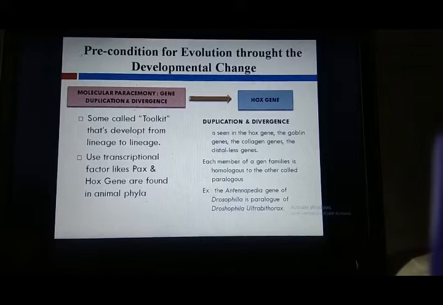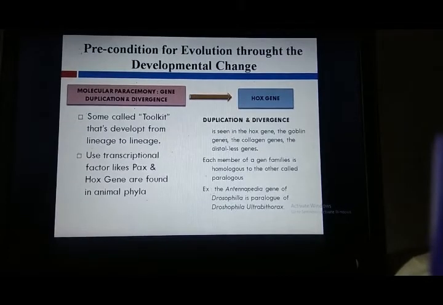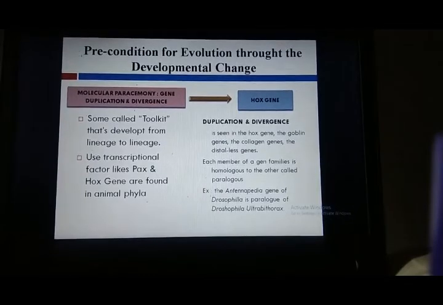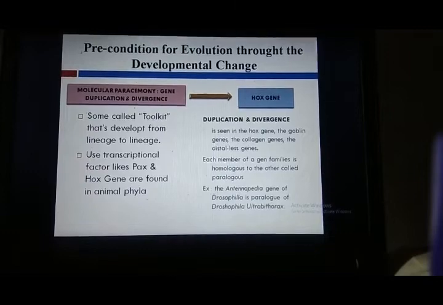With duplication and divergence in the Hox gene, we can see it in the globin genes, the collagen genes, and the distal-less genes, where a member of a gene family that is homologous to another is called paralogous. The example is the Antennapedia gene of Drosophila, which is paralogous to the Drosophila Ultrabithorax.